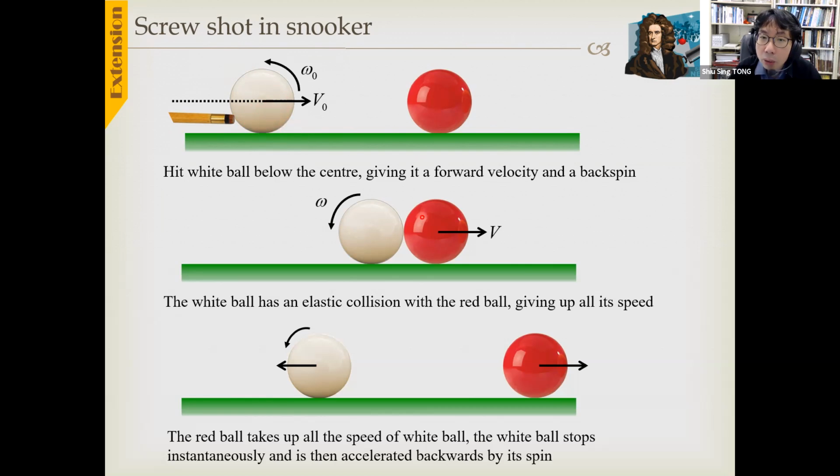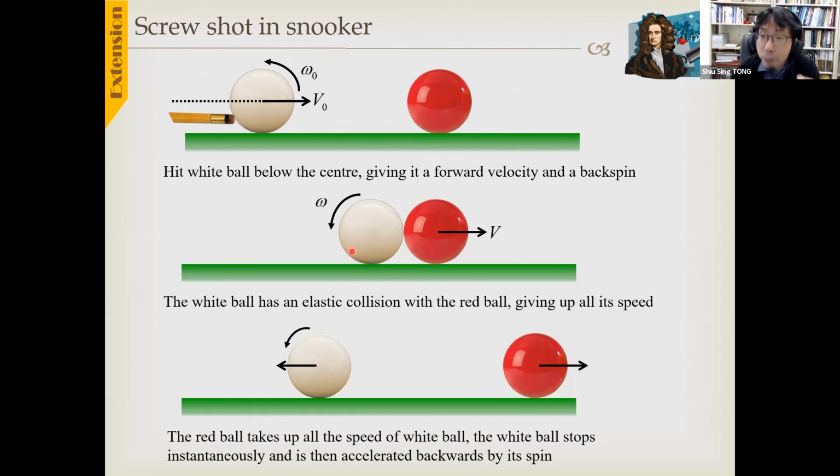Well, when the white ball collides with a color ball, say for example a red ball, head on, according to the law of conservation of linear momentum and energy, we assume the collision is almost elastic. The white ball will stop, because the two balls have the same mass, and the red ball will take up the speed of the white ball and continue to move, right?